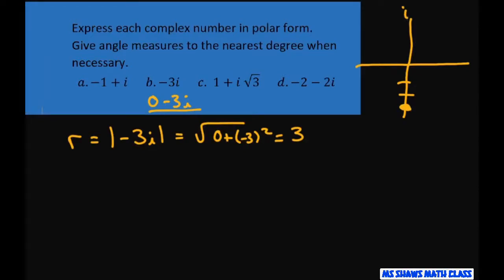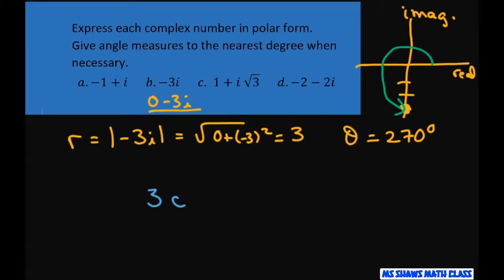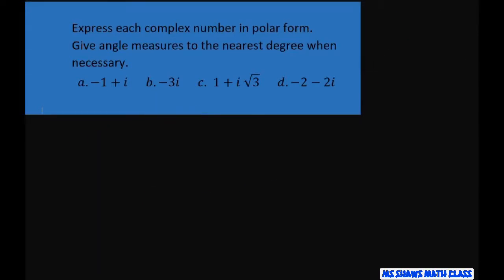This is your imaginary and this is your real. So right away you can see your angle is 270 degrees. So you don't have to do the tan function. Your final answer is going to be 3 cis 270 degrees.